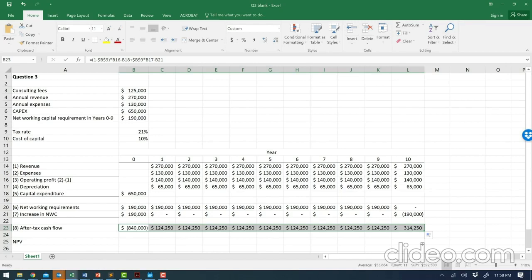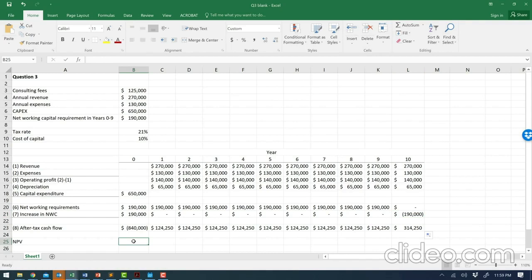Note that in years 1 through year 9, the after-tax cash flows are exactly the same as we had in question 1. In year 10, however, the after-tax cash flow is higher by $190,000, so this is the amount of the decrease in net working capital.